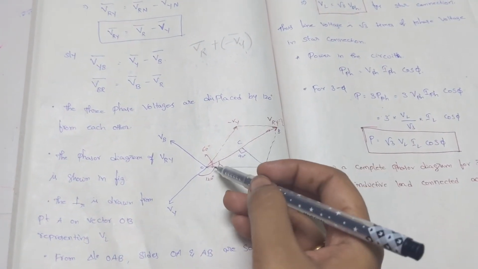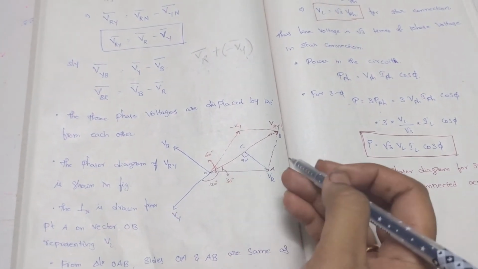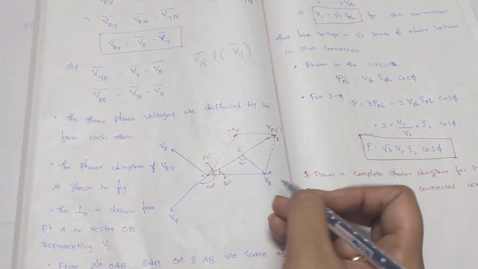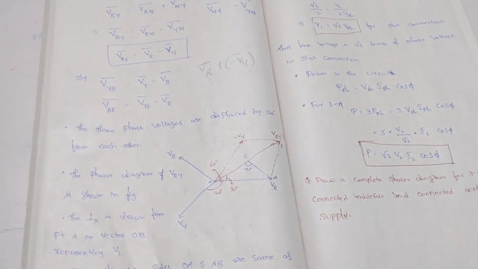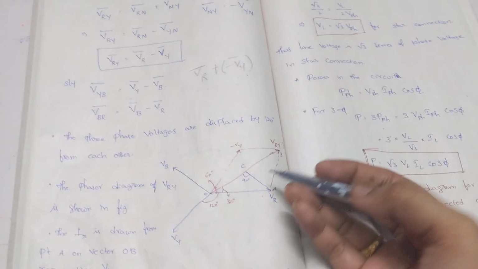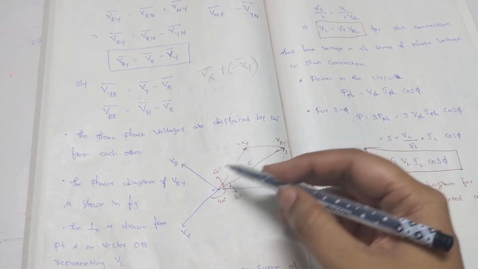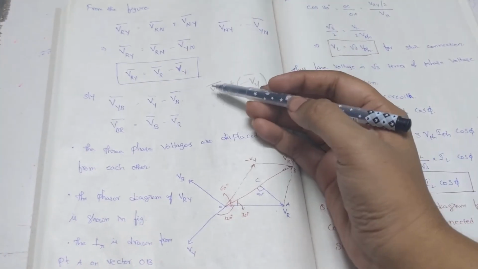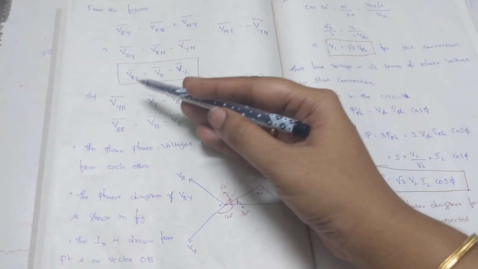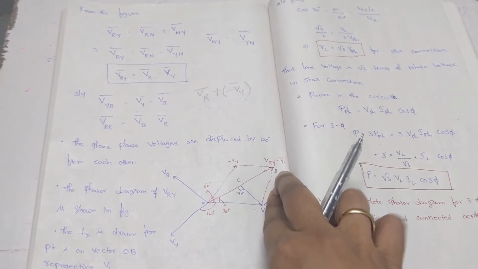For that, I am considering the triangle with O as the origin, and A is the VR vector. So the OA vector represents the VR phasor, and at the same time the OB vector represents the addition of VR and minus VY. That means the addition vector of VR and minus VY is nothing but VRY, the line voltage.